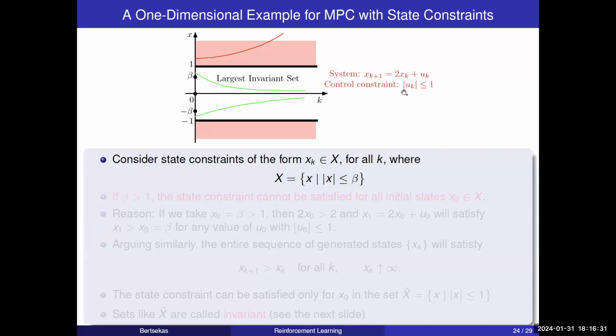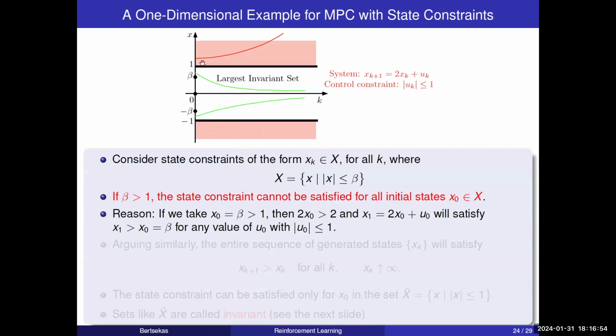On the other hand, if the control is also constrained, so if beta is greater than 1, you start at states larger than 1 or less than minus 1, then you can't bring the state of the system towards zero. The reason is that if you take x0 to be greater than 1, then 2x0 is going to be greater than 2.